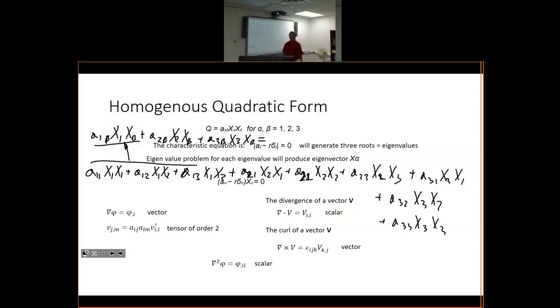So now you have x1 x1, that means this is x1 squared times this term. So all over you will get the so-called homogeneous quadratic form in terms of x1, x2. And those x1, x2 could be anything, any part of the matrix. So if you apply to stress or strain, or the moment of inertia components, because moment of inertia is also a second order tensor.